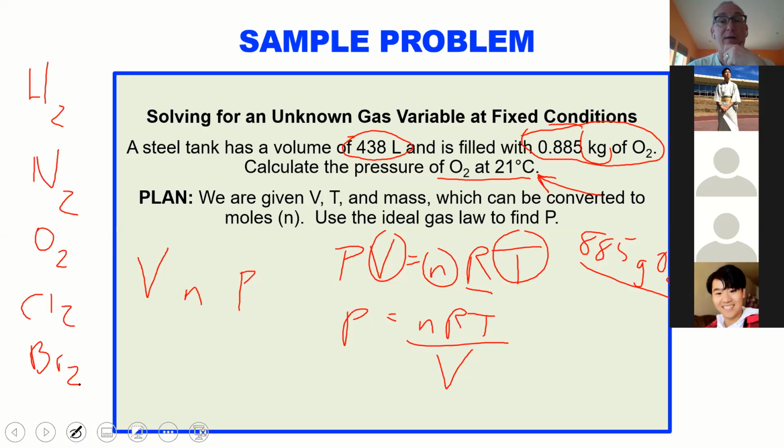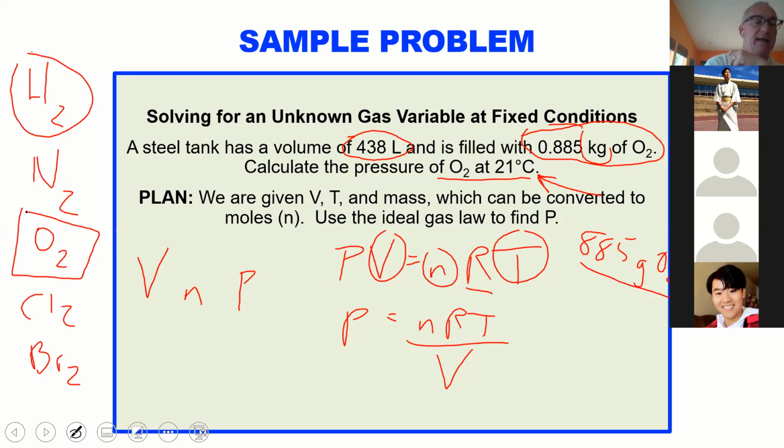So if we're figuring out how much a mole weighs, remember, it's the molecule, not the atom, that we need the mass of. So what's the mass of a mole of oxygen?